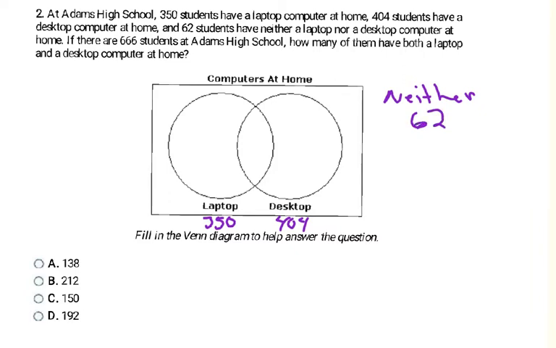And then there's a total of 666 students. So I'm going to write that above at the top here. It wants to know how many of them have both a laptop and a desktop at home.